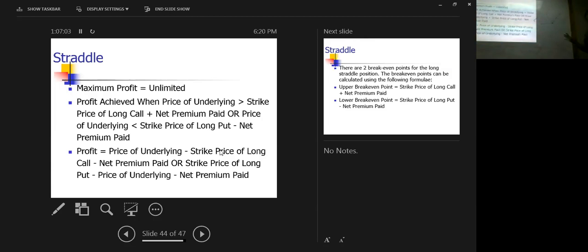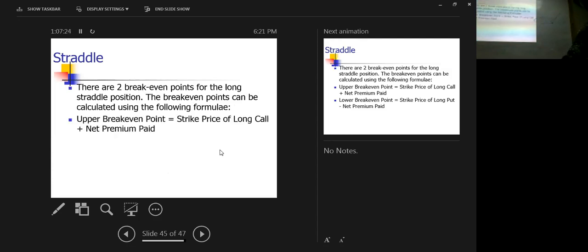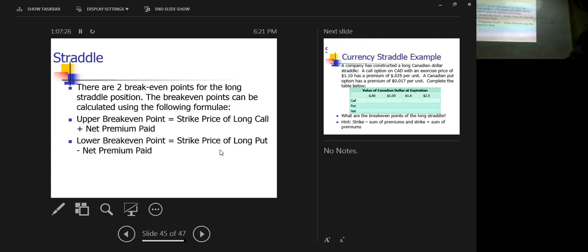So you see it's the same concept for a put: when the underlying is less than the strike minus the premium we paid. As you see, there are always two break-even points with a straddle, long or short, right? Two break-even points.